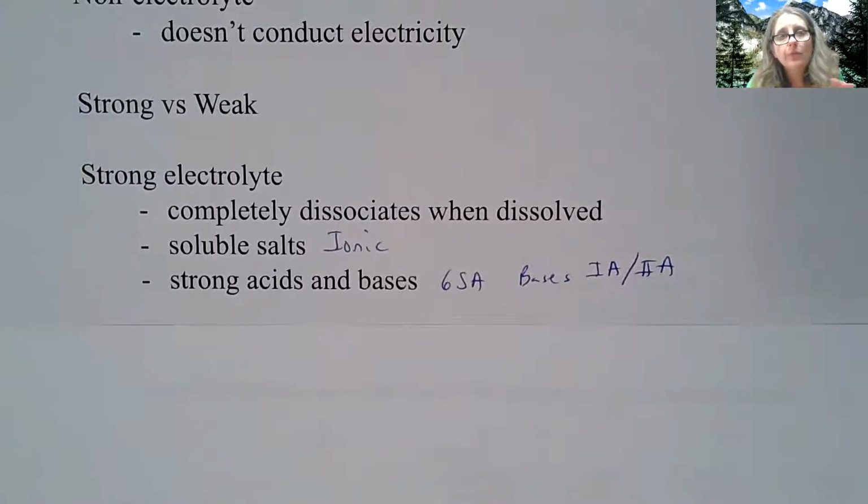In that grouping are your 6 strong acids and your strong bases, the hydroxides in column 1A and column 2A on the periodic table. Mostly the solutions we are dealing with are strong electrolytes, so the light bulb shines very brightly compared to a weak electrolyte.